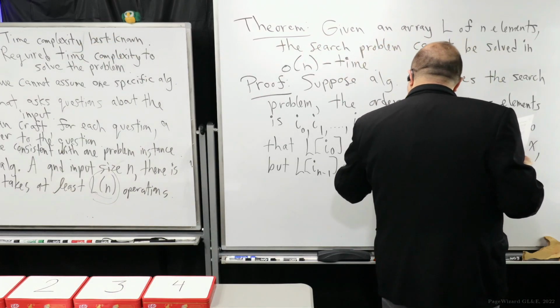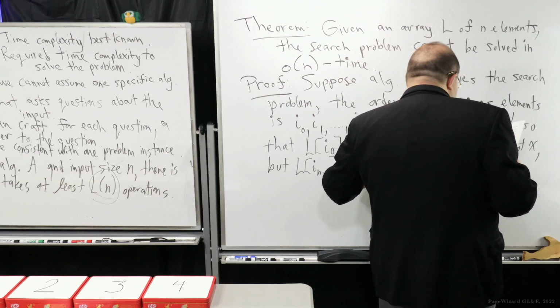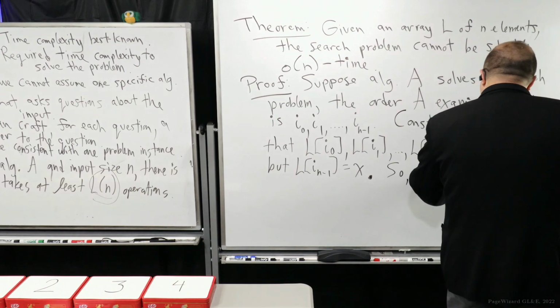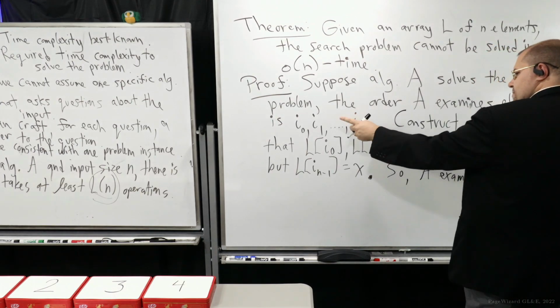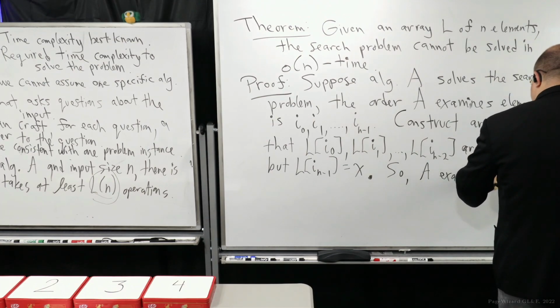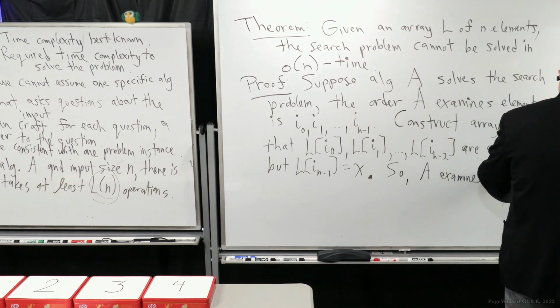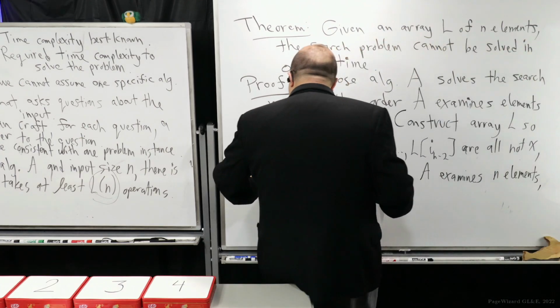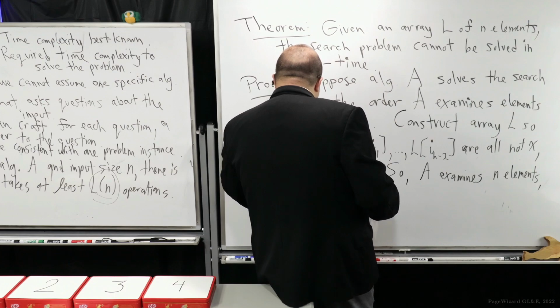So A examines, because how many indices are there? N of them, right? So A examines n elements regardless. So the point is that it's at least n.